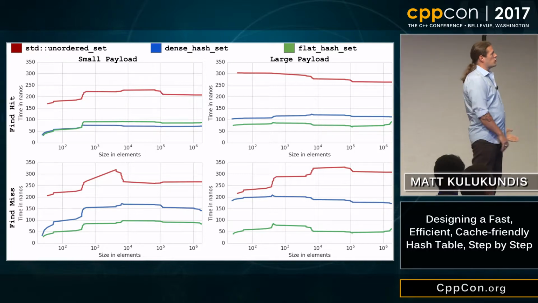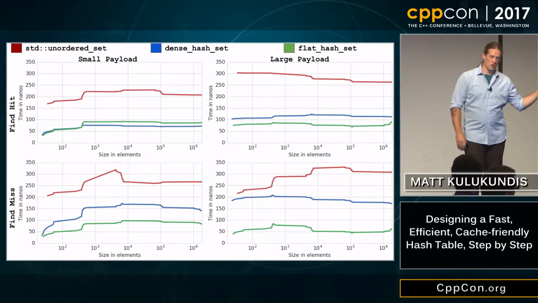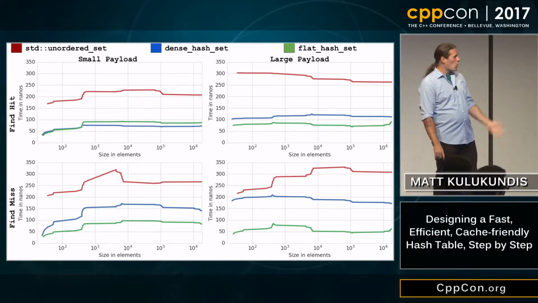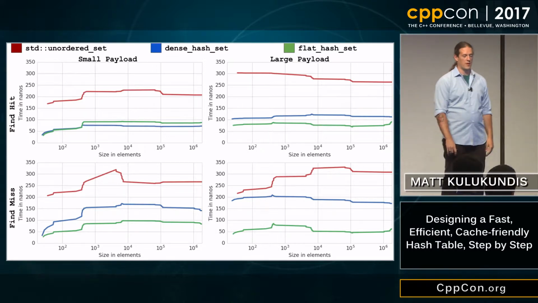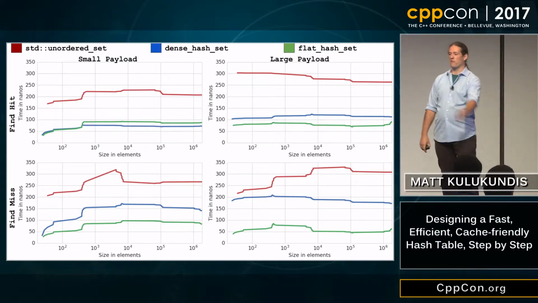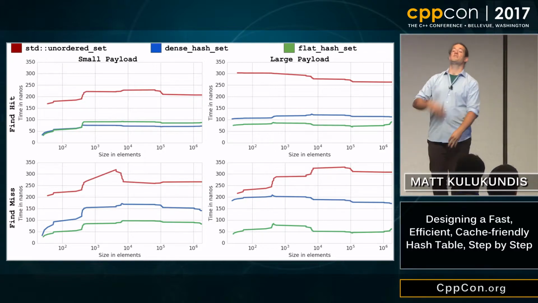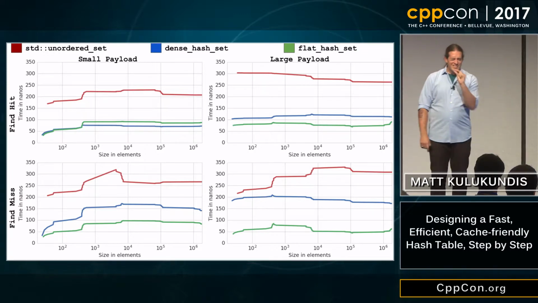So what conclusions can we draw from this? We are crushing std::unordered_set just across the board. It's awesome. We actually crush dense hash set most of the time. The one exception is if you have 4-byte items in your dense hash set and you're looking for things that are in your dense hash set, it's faster, just a little bit.